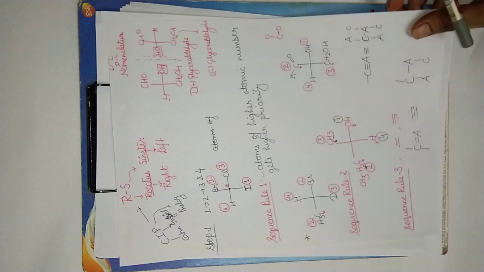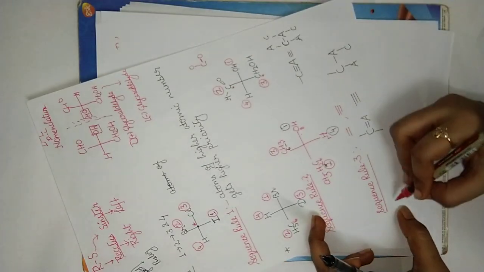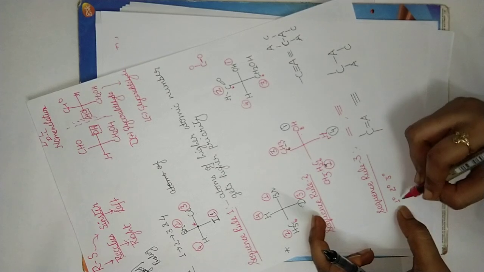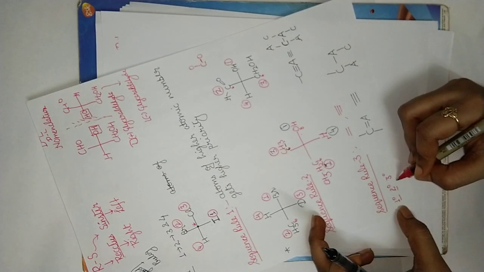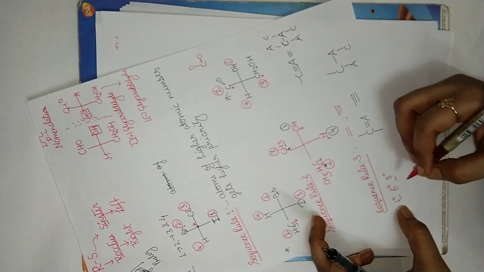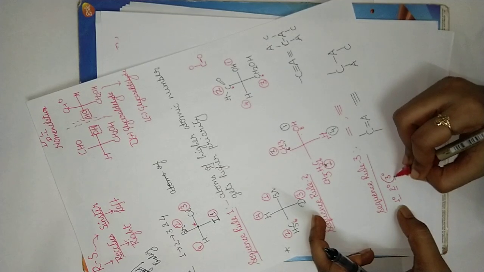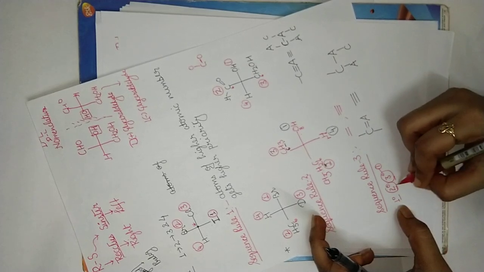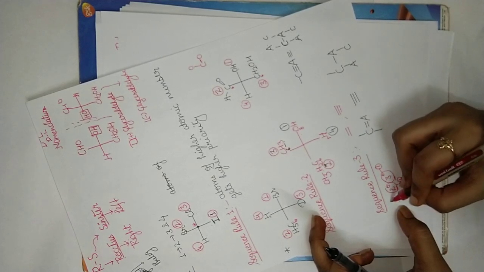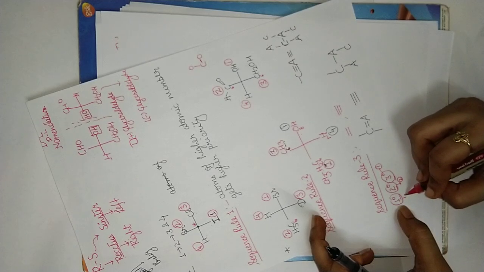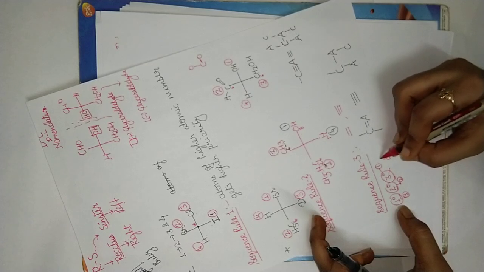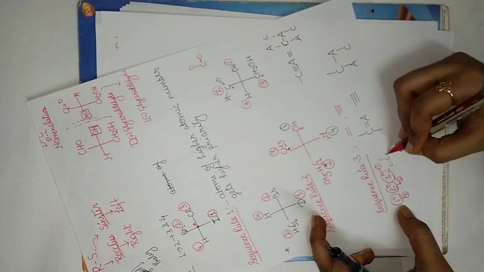If there are primary groups, secondary groups, or tertiary groups, then always remember, tertiary will get 1 number, secondary will get 2 number, and primary will get 3 number. Tertiary means 1 carbon is connected with 3 carbons.